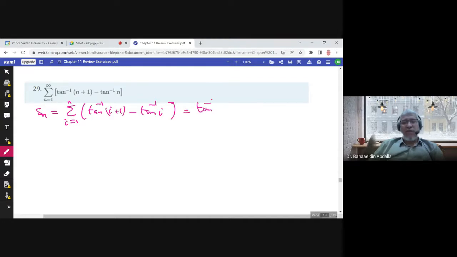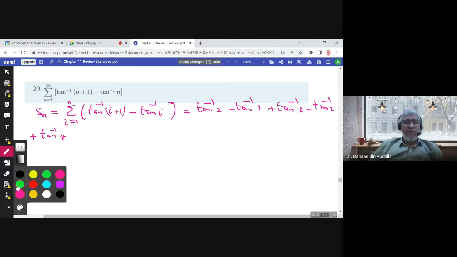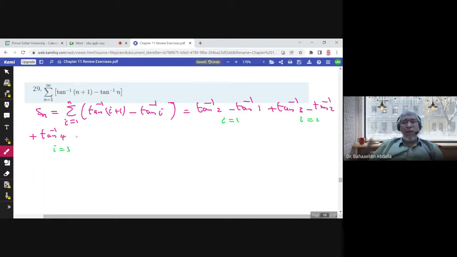So I have tan inverse 2 minus tan inverse 1, plus, replacing i by 2, tan inverse 3 minus tan inverse 2, plus, replacing i by 3, tan inverse 4 minus tan inverse 3, and continue like this.